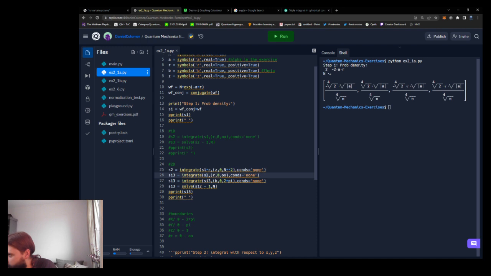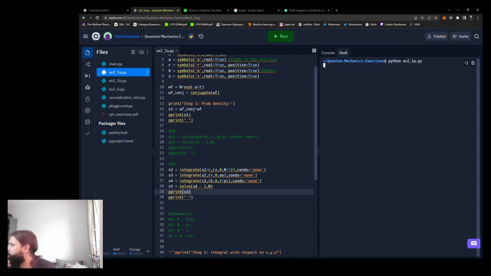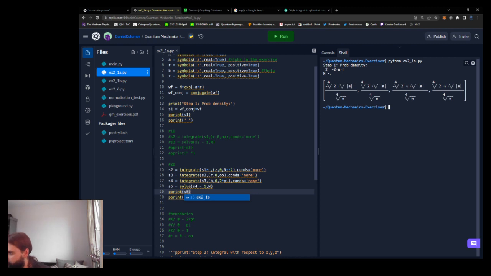Then you get S2 and becomes S3, then you get S3 and becomes S4, and then you solve with S4, and then you have S5, and then you print S5. Does this change anything? No, of course it shouldn't, right? But at least it's clear. But that's different than I was getting before, so I have no idea. Now I'm even more lost.